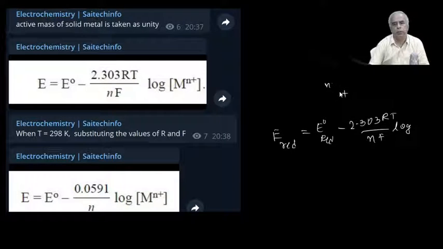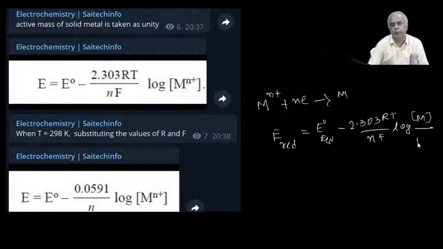It can be written as electronation, addition of electron is reduction: M^n+ plus n electrons gives M. So in that case it is log of M concentration divided by M^n+ concentration, is it not?